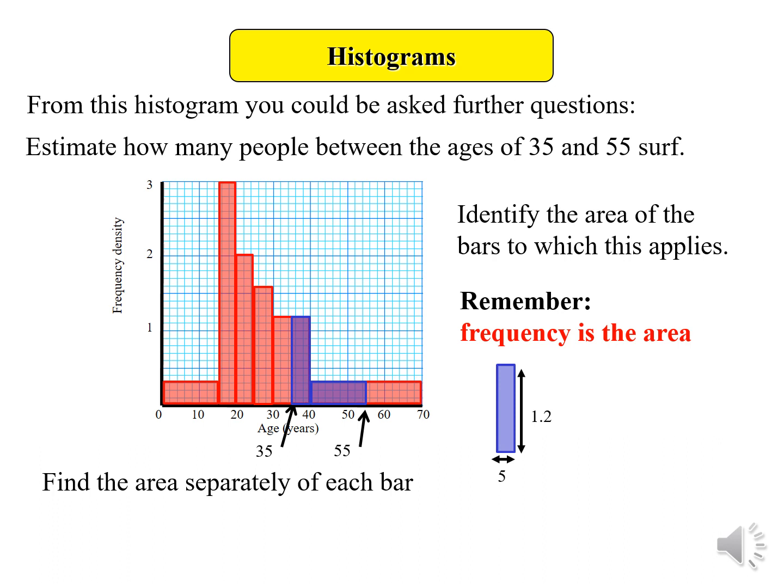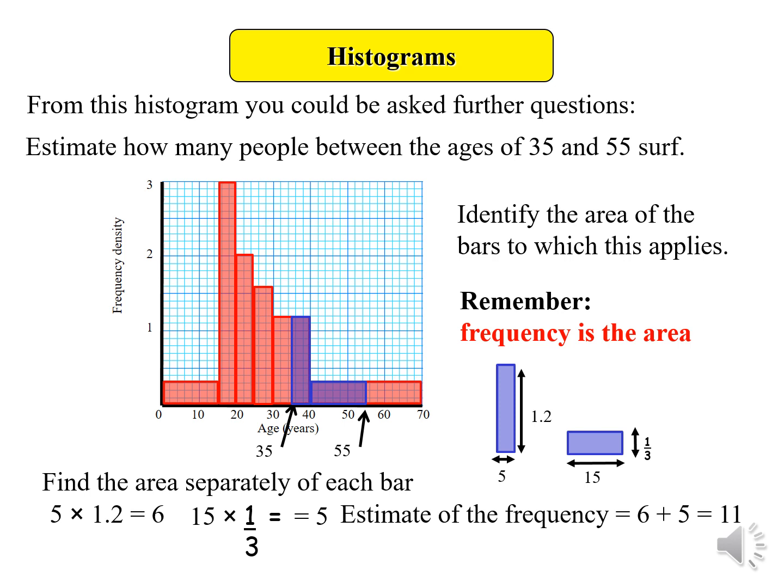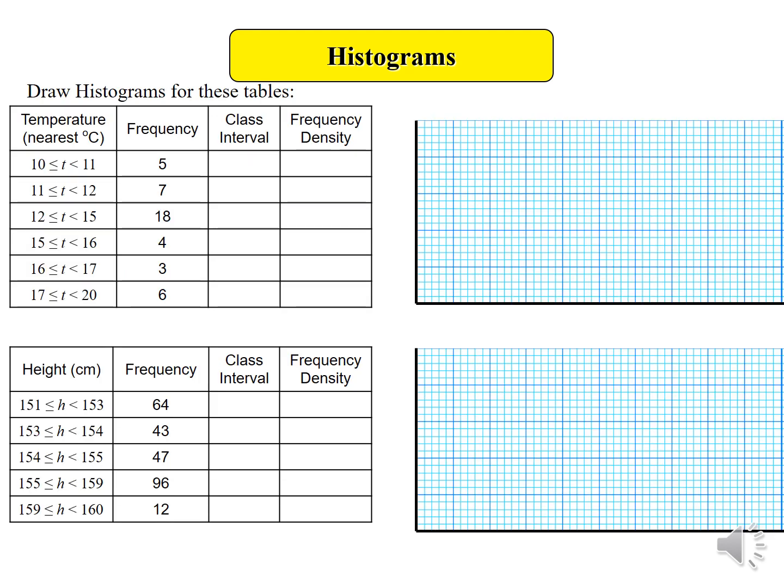Therefore frequency, that is area, will be 5 into 1.2, which is 6. And for the second bar, the width is 15 and the height will be 1 by 3. So this will be 15 into 1 by 3, which is 5. So the estimated frequency, total area under these two bars, is going to be 6 plus 5, and hence the answer will be 11. That is, we can say the total number of ages 35 to 55 will be 11.